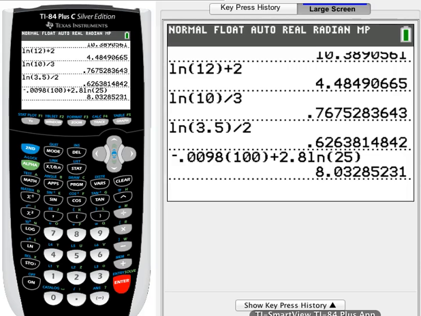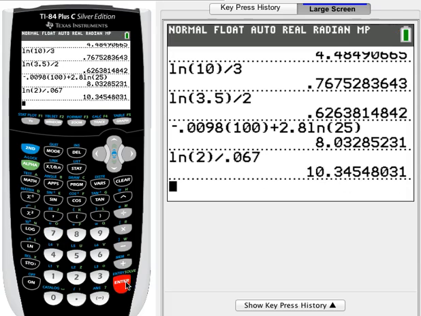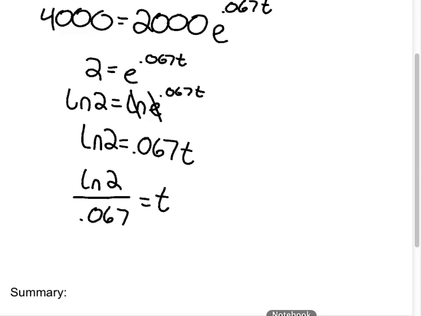So let's go to the calculator. ln of 2 divided by 0.067 is going to take over 10 years. Okay, so about 10.3 years for you to double your money with continuously compounding interest.